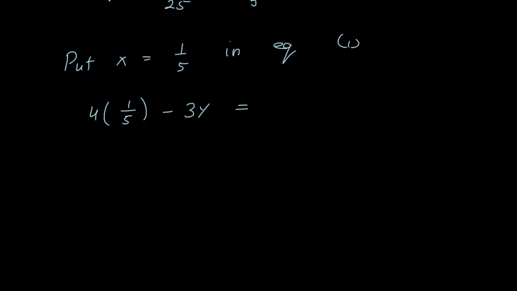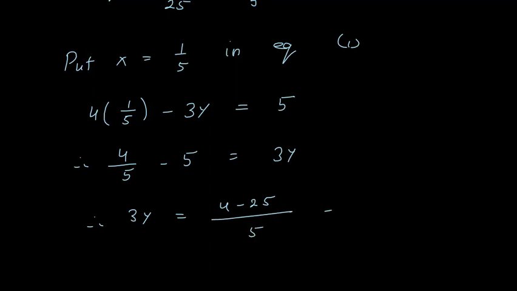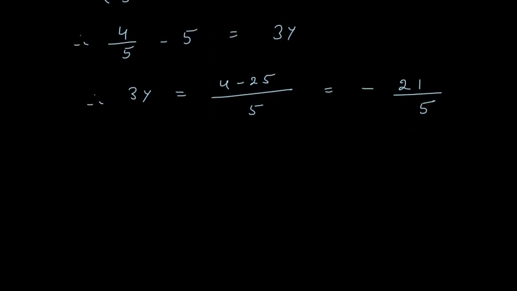Therefore 4 divided by 5 minus 5 is equal to 3y. So 3y is equal to 4 minus 25 divided by 5, which is minus 21 divided by 5. So y is equal to minus 21 divided by 5 into 1 upon 3. We know that 3 7s are 21, so it is minus 7 divided by 5.